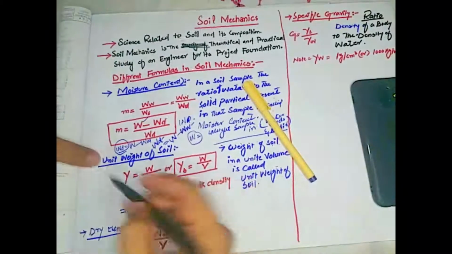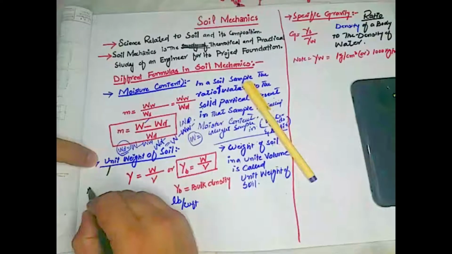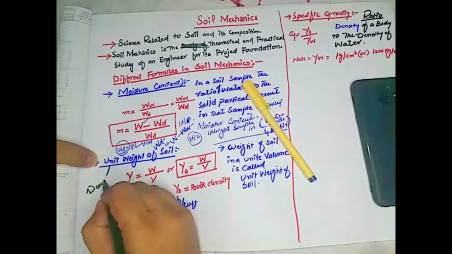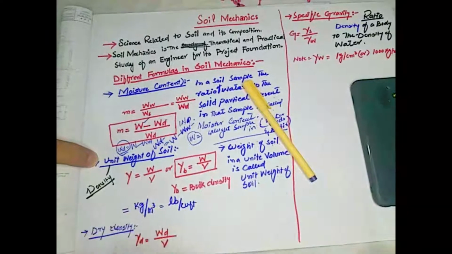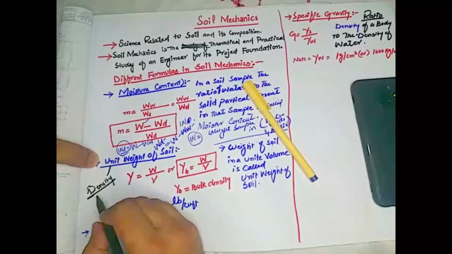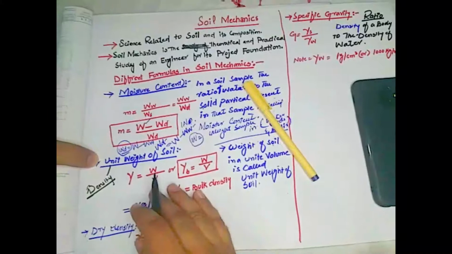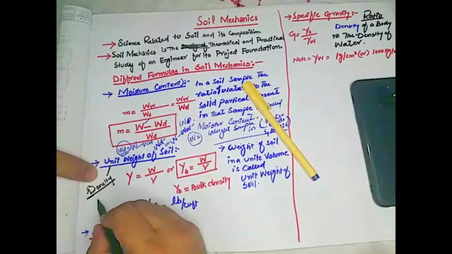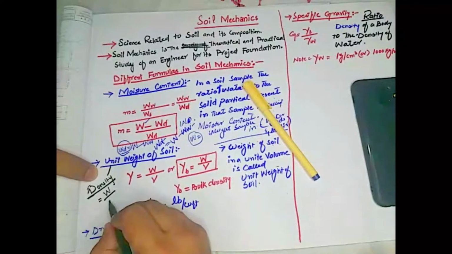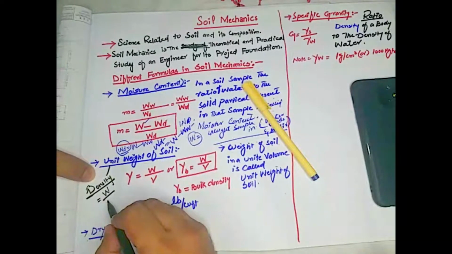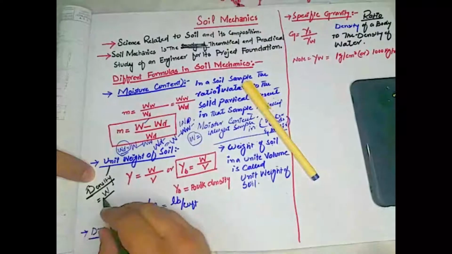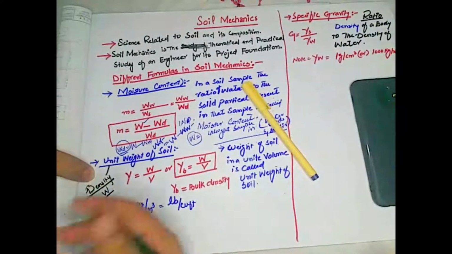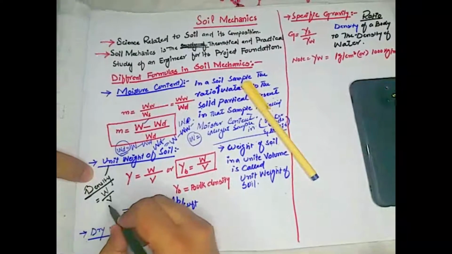Unit weight of a soil means density of soil. Normally the density is the total weight of a soil sample divided by total volume.